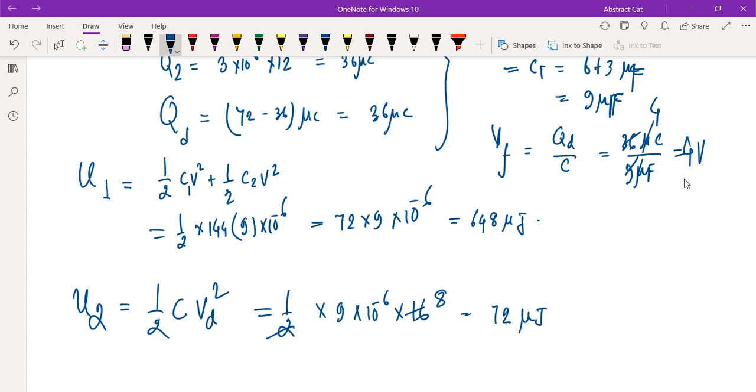So the difference UD is U1 minus U2, that is 648 minus 72 microjoule. We get 576 microjoule. That's the answer.